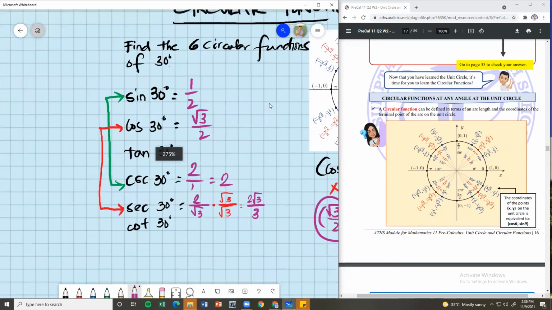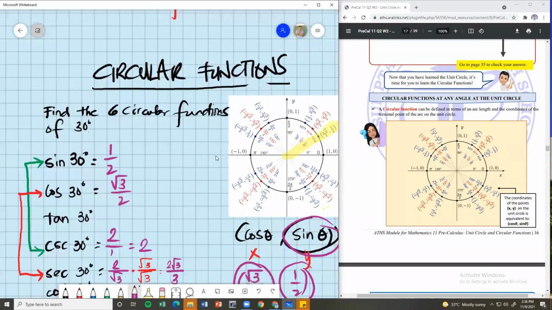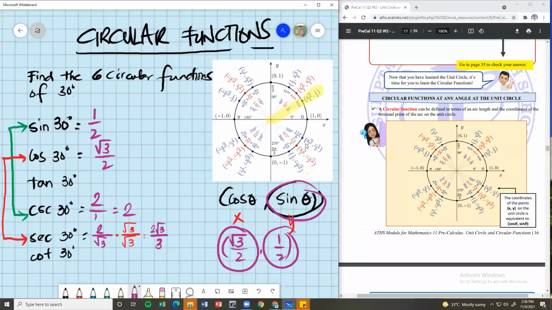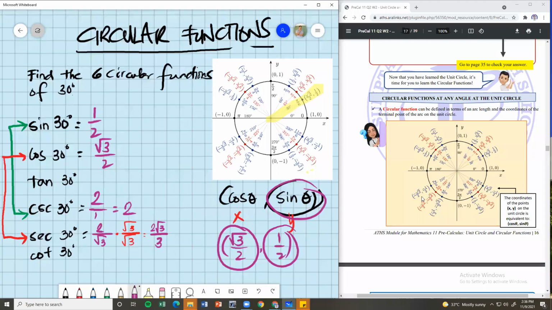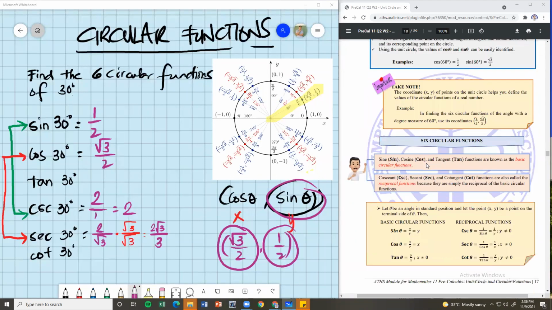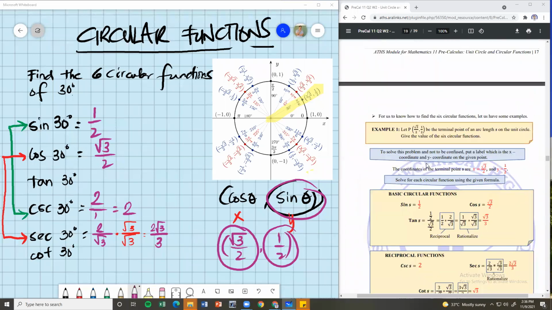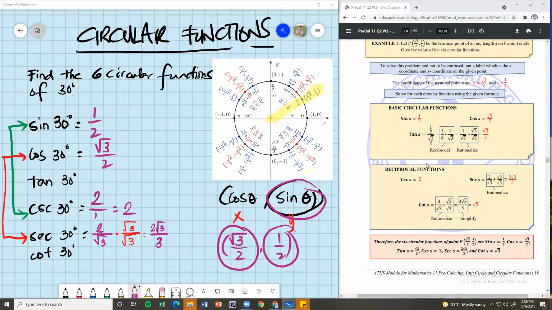Okay. Let's now move on with this. Nasa tangent na tayo. Ready? Are you ready?